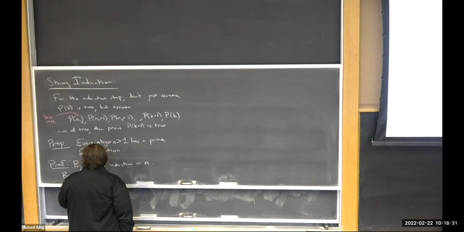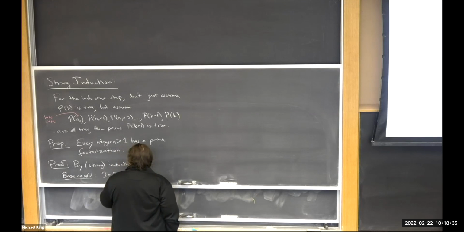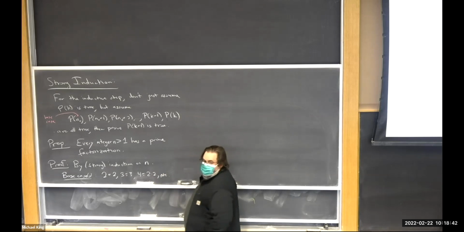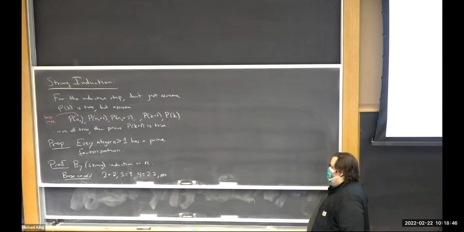Base case is, we could say 2 is 2. There's a prime factorization of 2. 3 is 3. 4 is 2 times 2. However many base cases you need to build up a few. You can just use the first 2 as your base case.